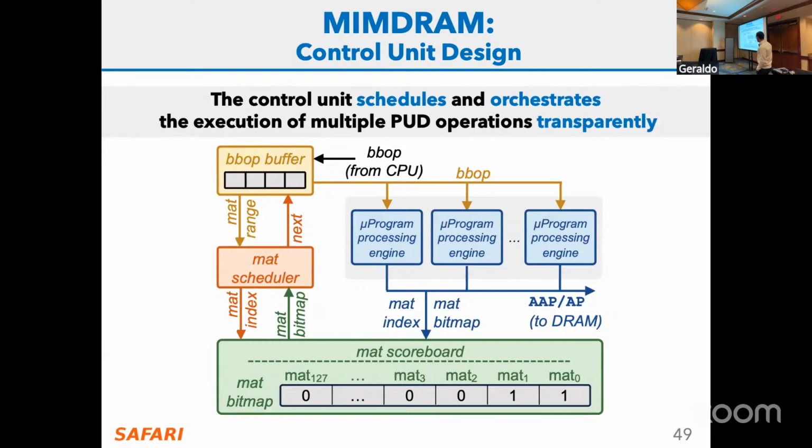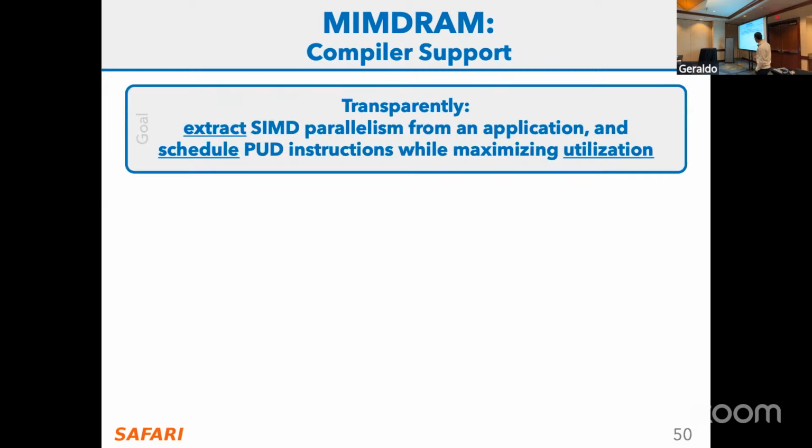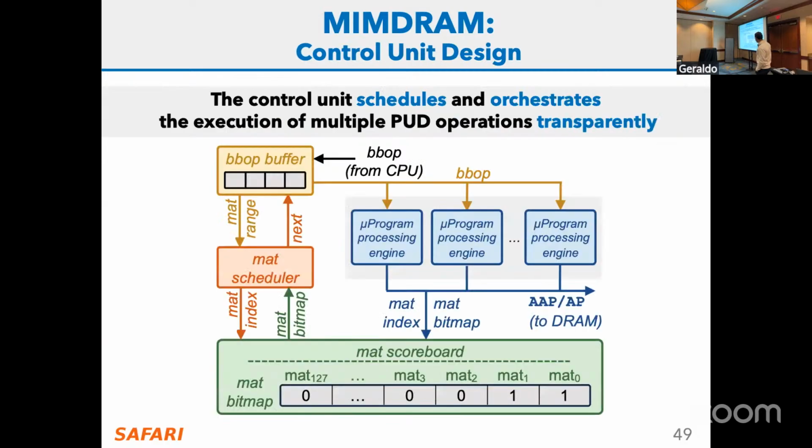We need to basically keep a scoreboard to see which of those mats in the DRAM subarray are being used for a process using DRAM operation, and dispatch data independent instructions depending on the utilization of the scoreboard. So this control unit is implemented in the memory controller.